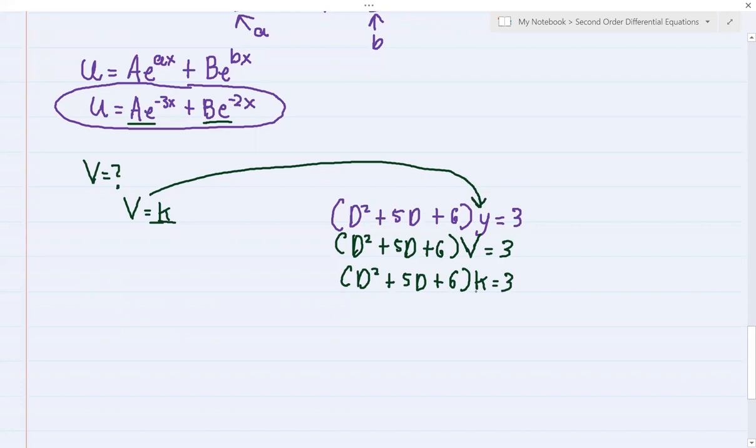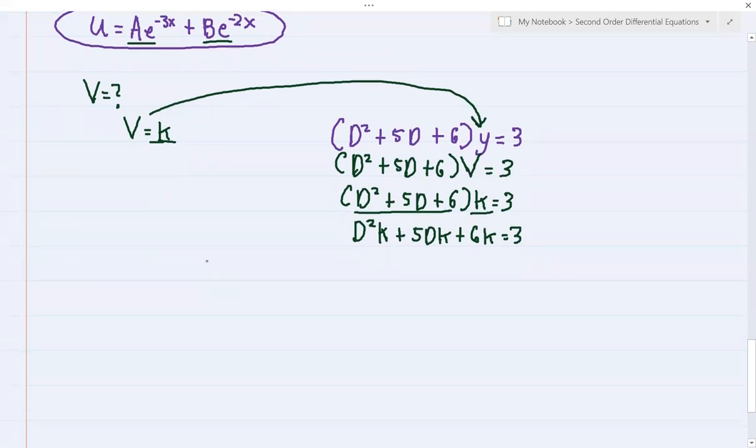Now what you're going to do is distribute K to this expression. So we will have D squared K plus 5DK plus 6K is equal to 3.